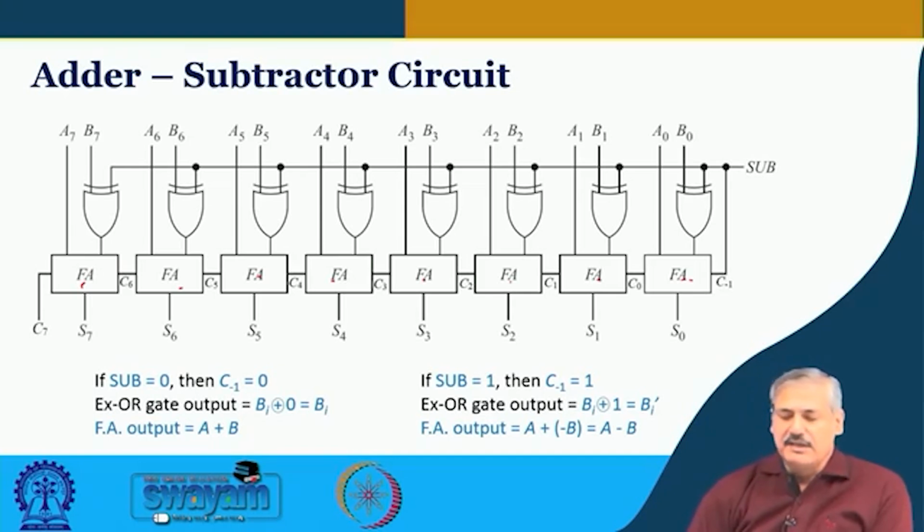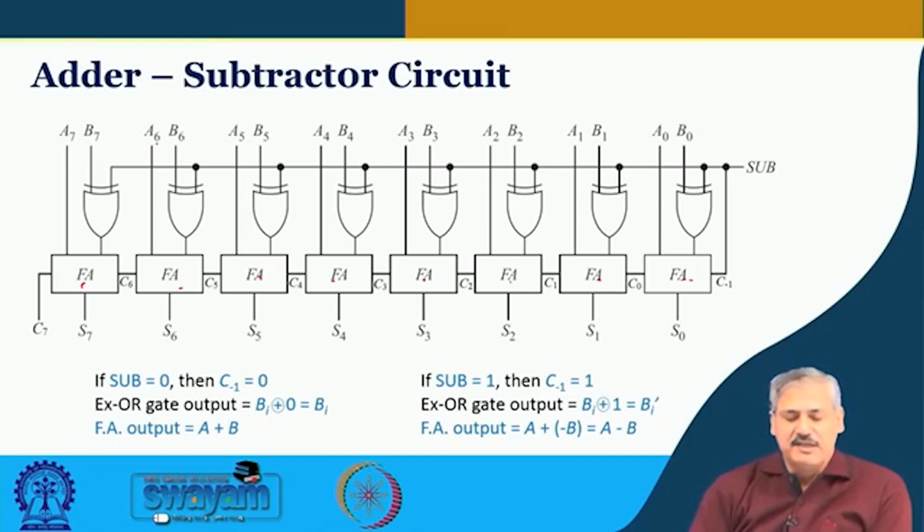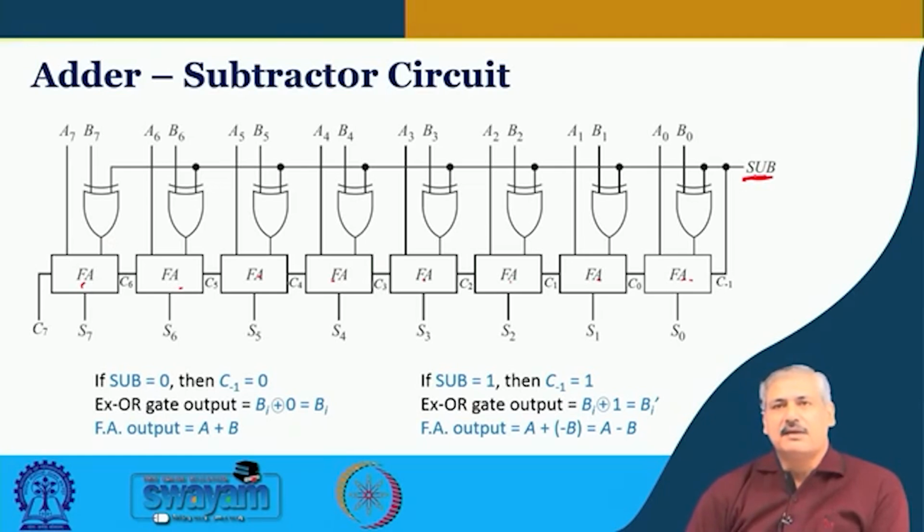Now, you see one thing: this B number, B0 to B7, is passing through an XOR gate, and one of the inputs to the XOR gate is connected to an external input. We are representing this external input as sub, standing for subtraction. When you put it 0, that means no subtraction is taking place, so it will be normal addition.